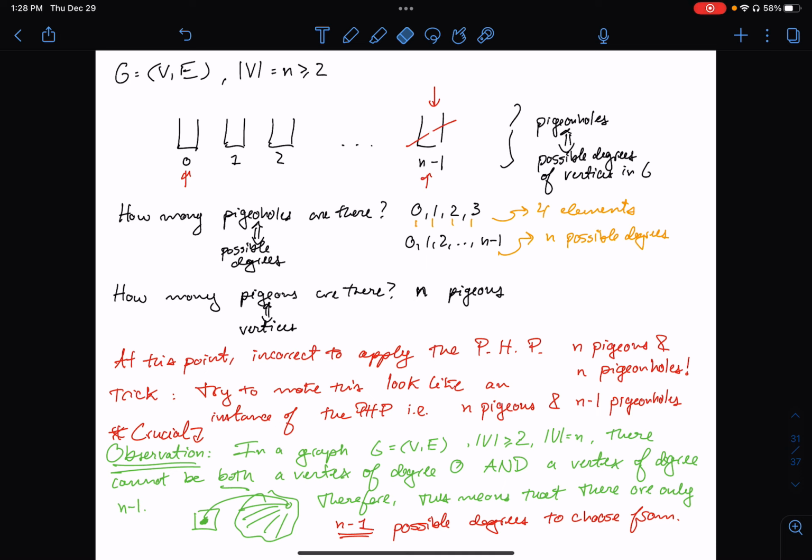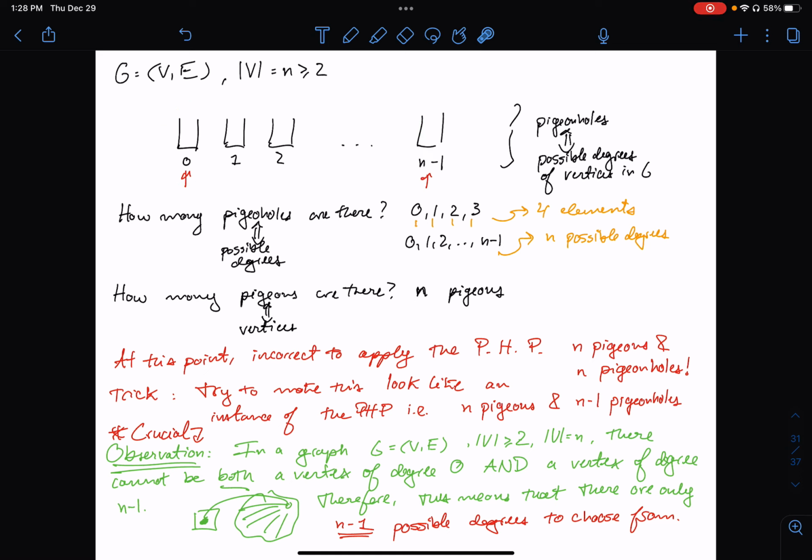So that just tells us that these two bins, these two degrees, right? These two degrees, 0 and n minus 1, cannot both have vertices assigned to them at the same time for any graph, okay? And so that means that I can either choose from degrees 1 to n minus 1, or degrees 0 to, say, n minus 2, okay?